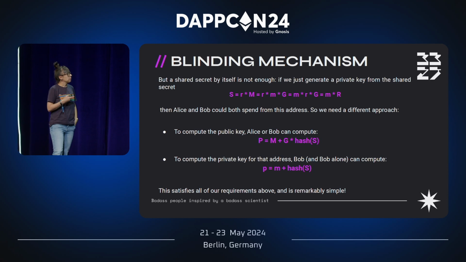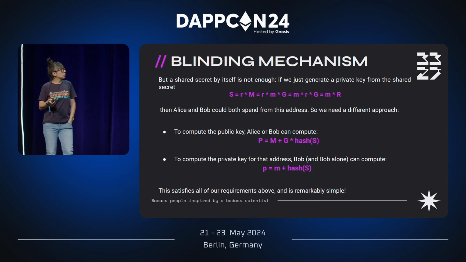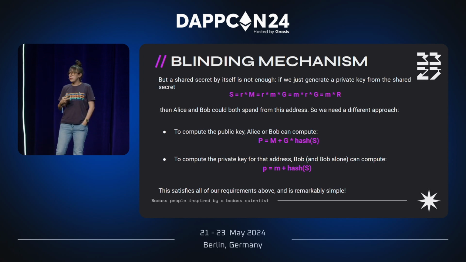So both of them, Alice and Bob, sender and the recipient, can calculate this shared secret and can hash the secret, but only Bob knows this little m, and this little m is the private key for Bob's meta address. And we know that we obtain a public key as a result of multiplication of private key and generator point on elliptic curve.